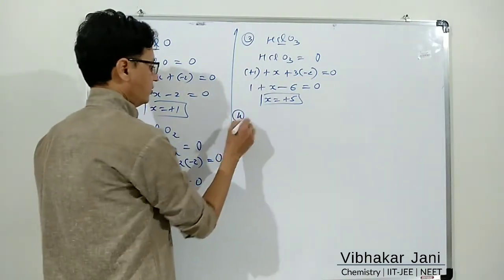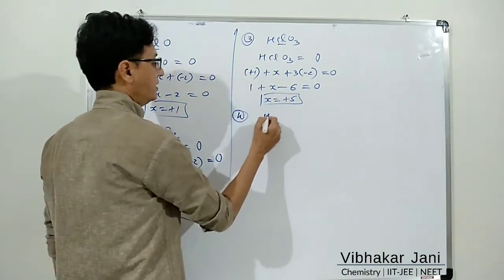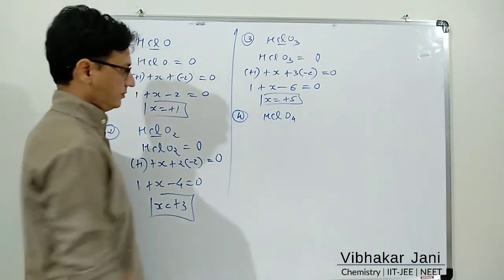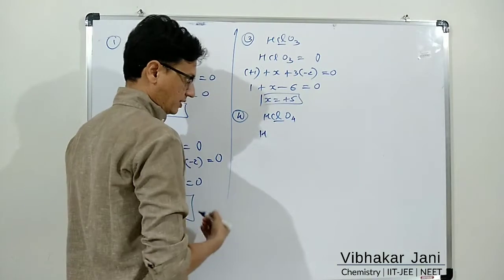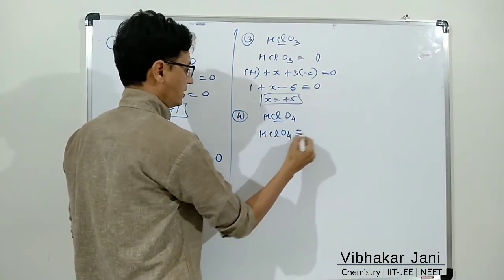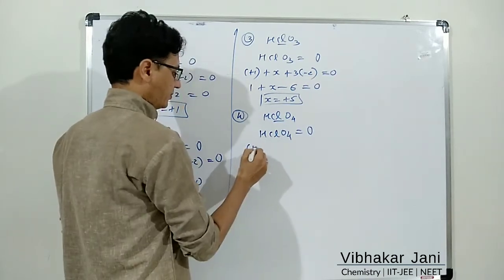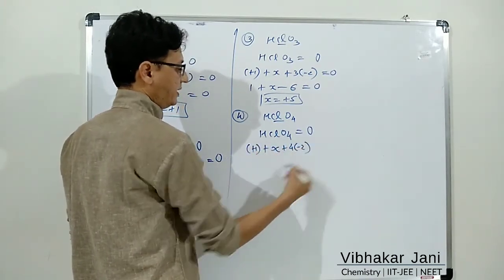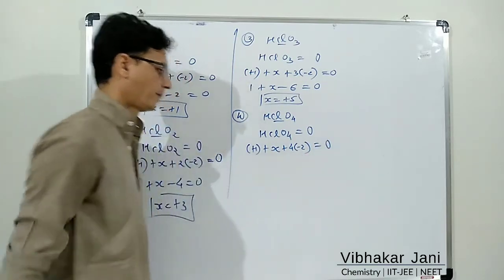One more example of a compound having chlorine, HClO4. If we want to find the oxidation state of chlorine in HClO4, then HClO4 equals 0. Then +1 plus X plus 4 multiplied by -2 is equal to 0.